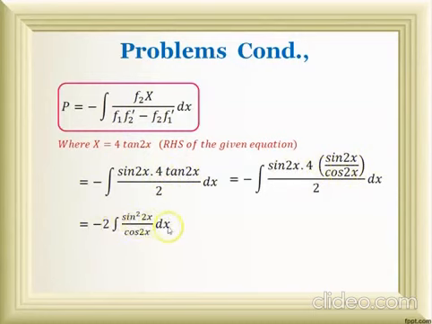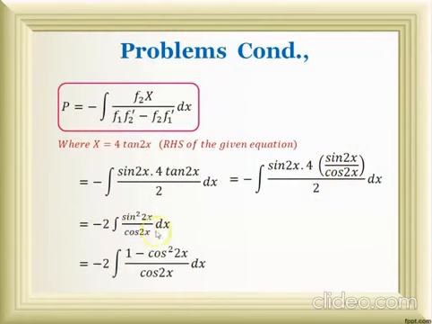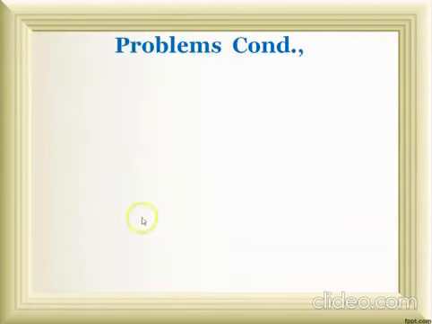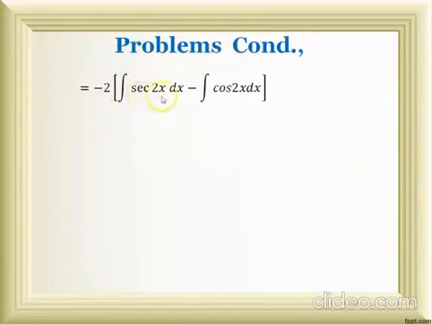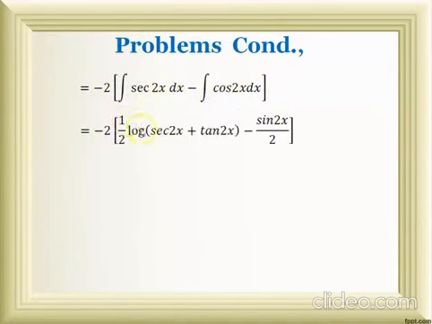So sin square, here also I cannot integrate this directly. So I am using the trigonometric identity for sin square, that is 1 minus cos square. Next, I am separating this as 1 by cos 2x minus cos square 2x by cos 2x. 1 by cos 2x becomes secant 2x. Cos square by cos is cos. So in the next step, I have minus 2 times integral secant 2x minus integral cos 2x. The integral of secant ax formula is 1 by a into log of secant ax plus tan ax.